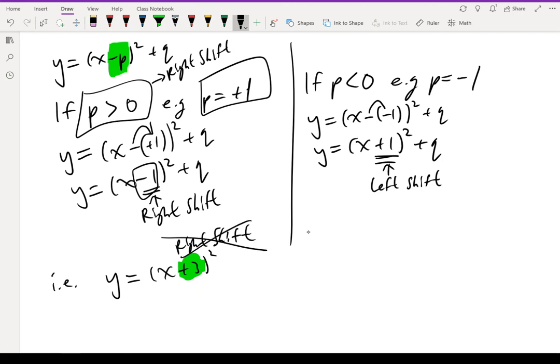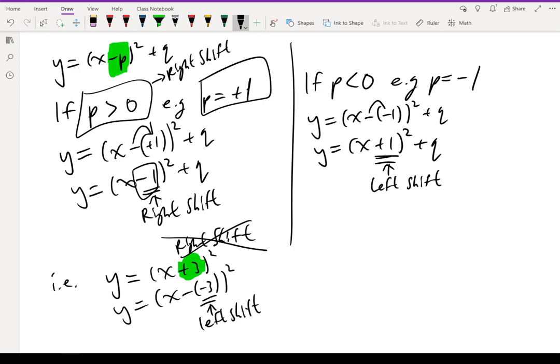If you want to use the actual equation, it should be y is equal to x minus negative 3 whole squared. I think the equation form x minus p makes it more confusing. I would just look at the equation itself and determine whether that value is plus. If it's plus, it's going to be left, so there should be a left shift.